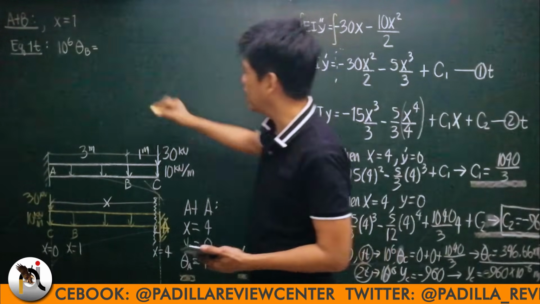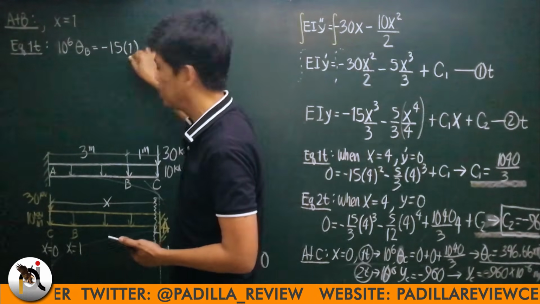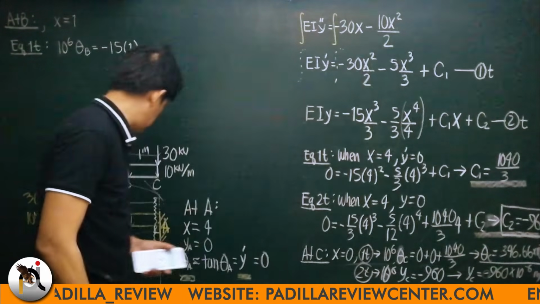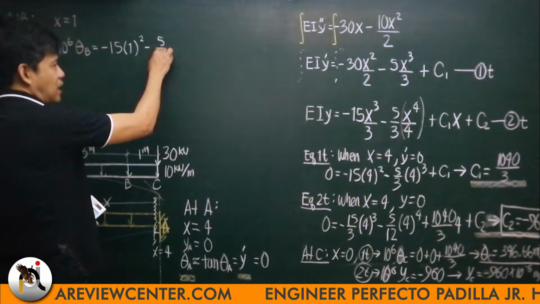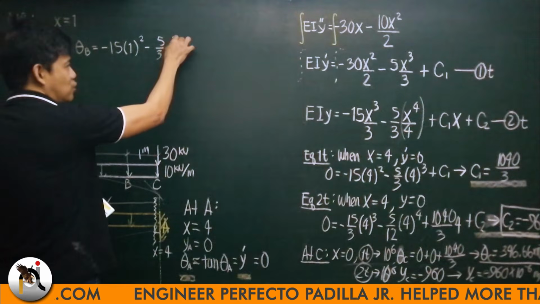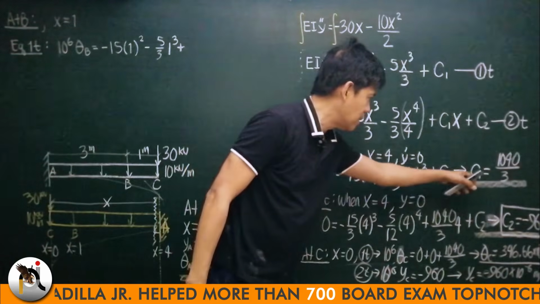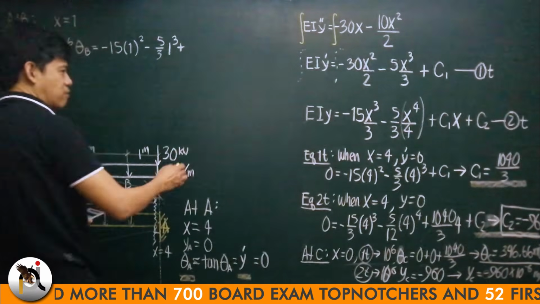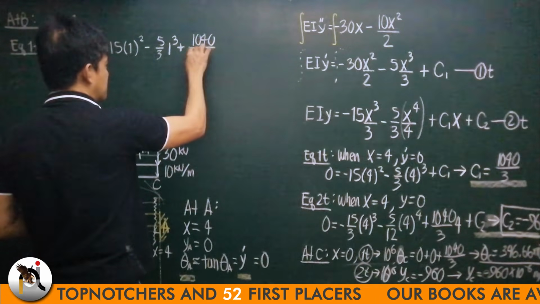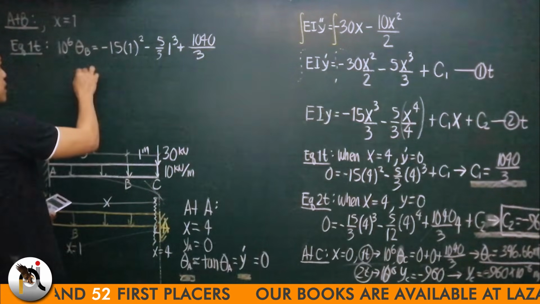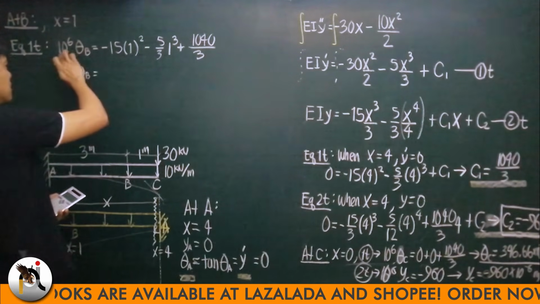So you have minus 30 over 2 minus 15, x is 1, so that is 1 squared. Minus 5 over 3 times x cubed, 1 cubed. Plus C1, our C1 is 1040 over 3, right? So this will enable us to solve theta B, and this is equal to all of this divided by this.